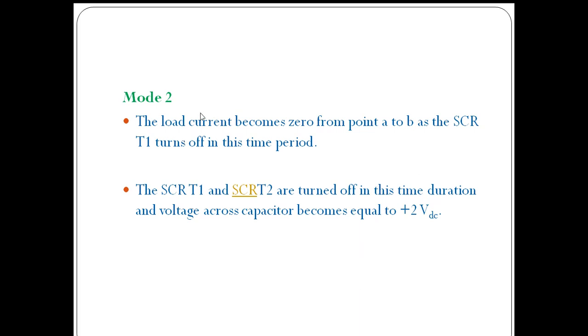So this is the time interval. Mode 2 is the time interval for proper turn off of the SCR. When T1 and T2 are turned off, during mode 2, the voltage across the capacitor reaches plus 2 VDC.